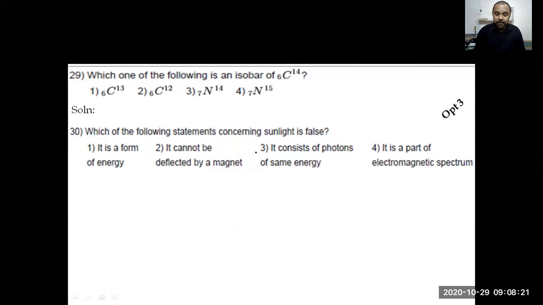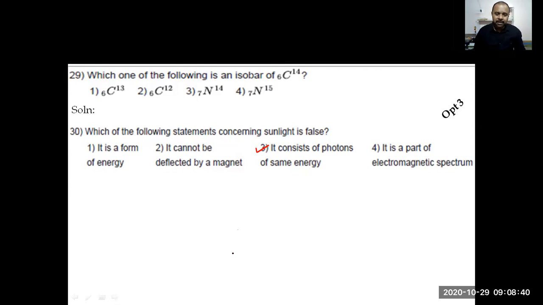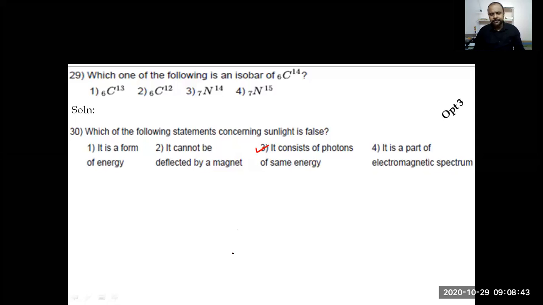So 3 is false. And it is a part of electromagnetic spectrum, in terms of sentence, doesn't make sense, because sunlight has electromagnetic spectrum in it. The part of electromagnetic spectrum can make indirect sense, that's all. But anyhow, there is a clear thing that the false statement is option 3. Hope understood.